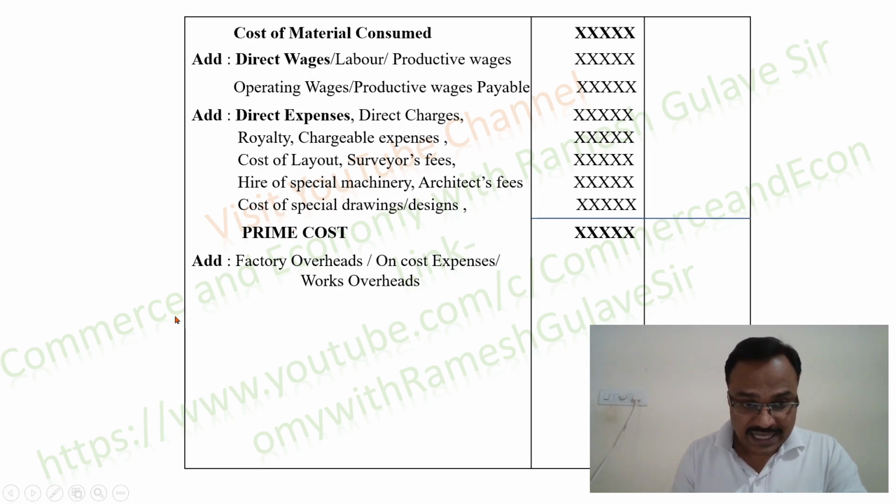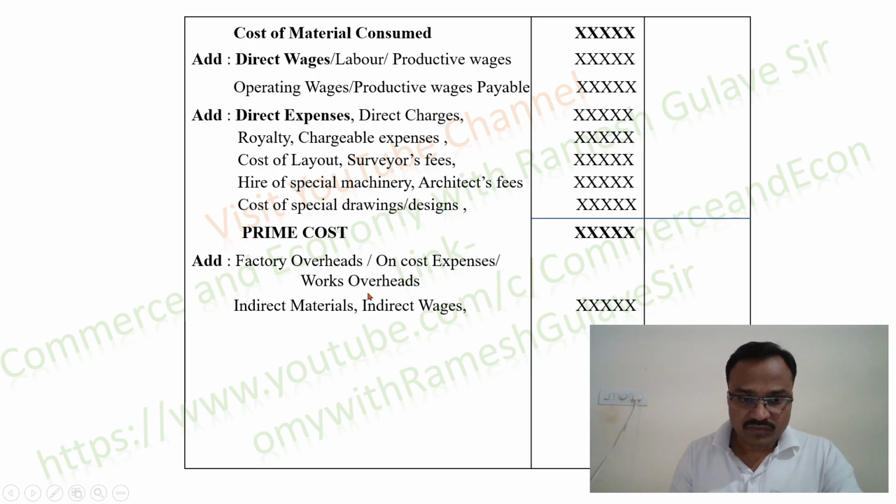As I have already said, a question can be asked like that: factory overheads are also known as, so on cost expenses can be the answer, or works overhead, right? When we add factory overheads, we get work cost or factory cost. Now the points related to factory overheads: indirect material is basically factory overheads, and indirect wages are also factory overheads.